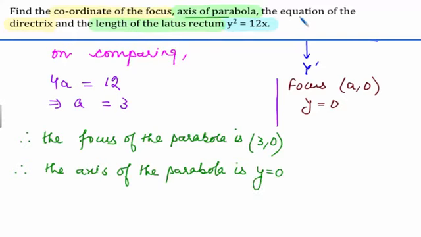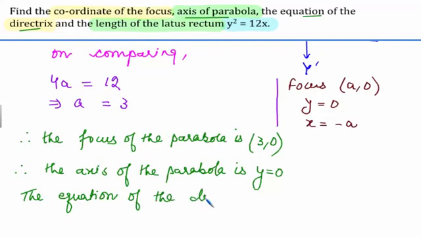Now we have to find the equation of the directrix, and we know that the equation of the directrix is given by x is equal to minus a. Therefore here the equation of the directrix is x is equal to minus 3.